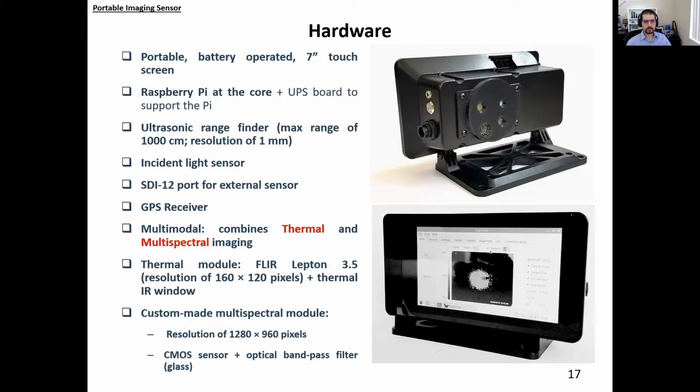I also developed a multispectral module myself, because the type of multispectral camera that I needed for this imaging system did not exist. I use CMOS RGB sensors. I modified the NIR filter that was there, and then I added an optical bandpass filter to create a multispectral module.